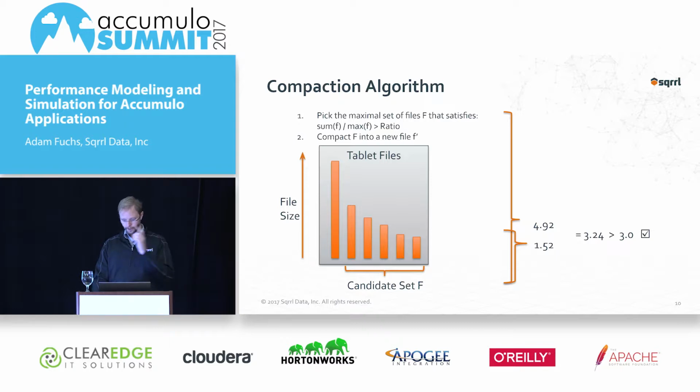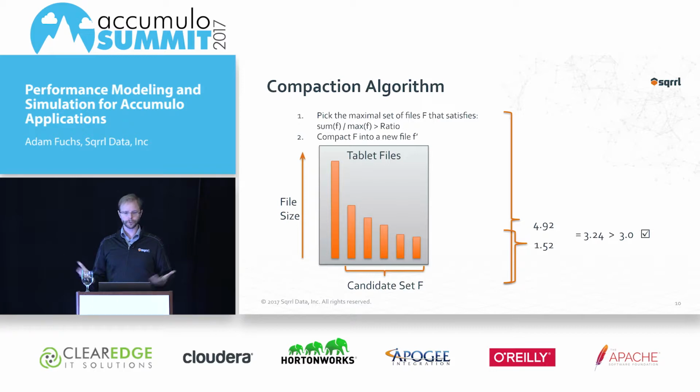So the algorithm inside of Accumulo works like this. I take the files. I take a subset of the files. I compare the total size of those files to the largest one. And that gives me a ratio. Has anybody ever heard of a compaction ratio? So the compaction ratio is our threshold that we compare against the ratio of aggregate files to a single file.